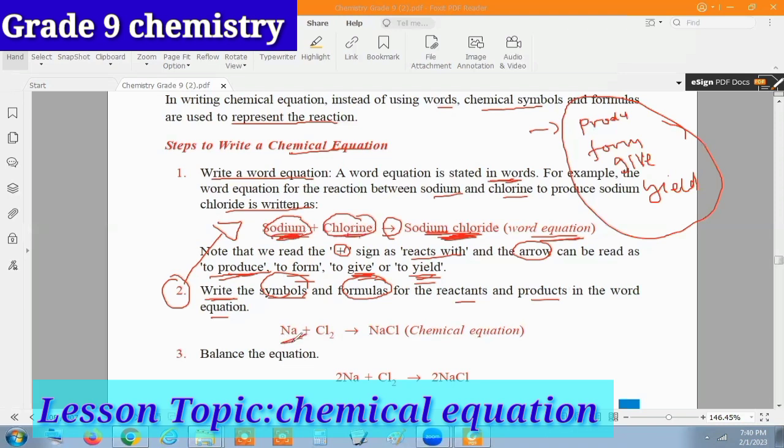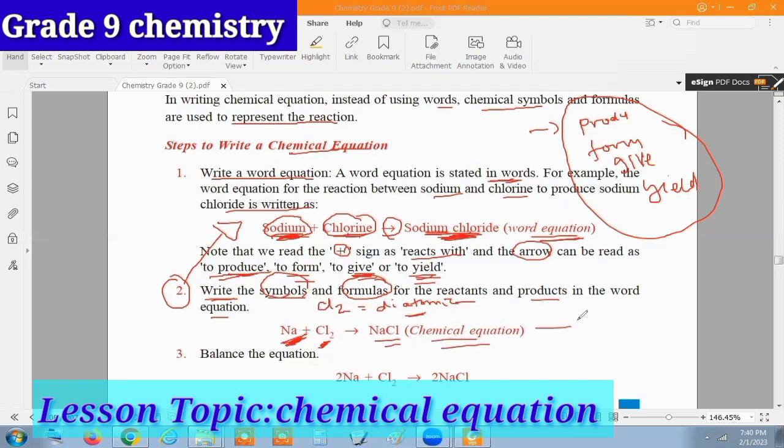So we have to write sodium in terms of symbol, it is Na, and chlorine in terms of symbol is Cl2. We have to write it in the form of Cl2 because chlorine is a diatomic molecule. Then finally we will have the formula for sodium chloride.